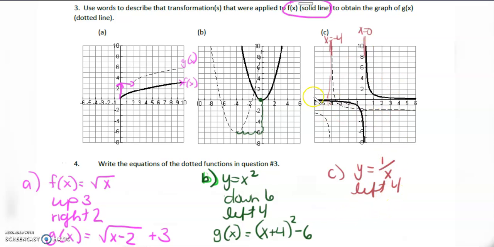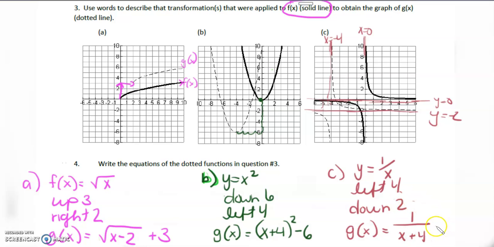We also are going to use the horizontal asymptote y equals 0, and it went down to y equals negative 2. So this is going to be down 2. In other words, g(x) equals 1 over x plus 4, left 4, minus 2, down 2.